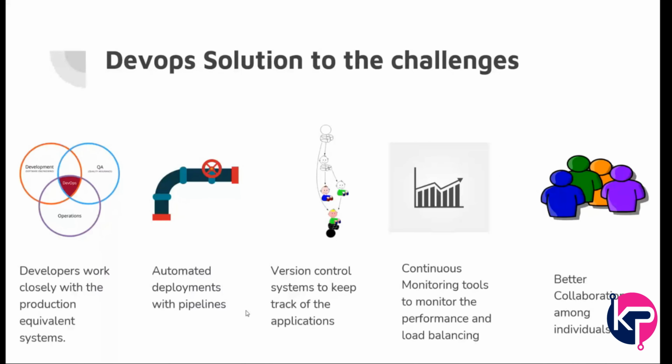Okay, so as we talked about the gap, the waterfall approach and the legacy gate, DevOps is the best solution for all the challenges. As I mentioned, DevOps is integrated with three things.